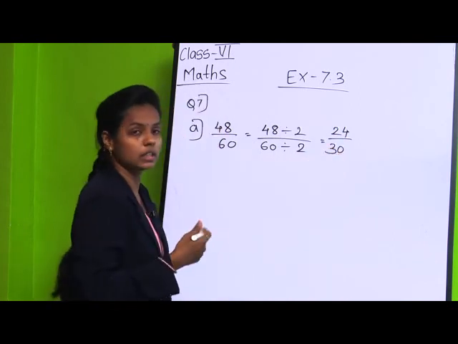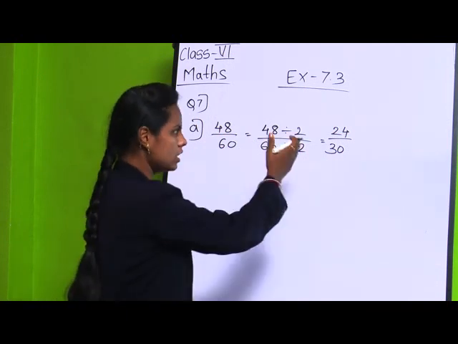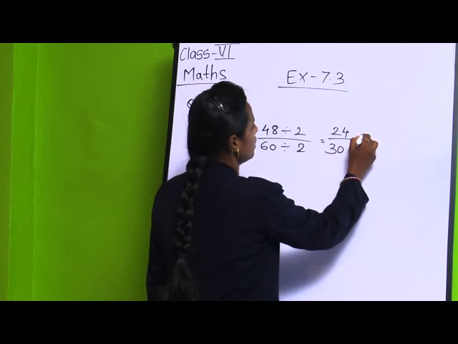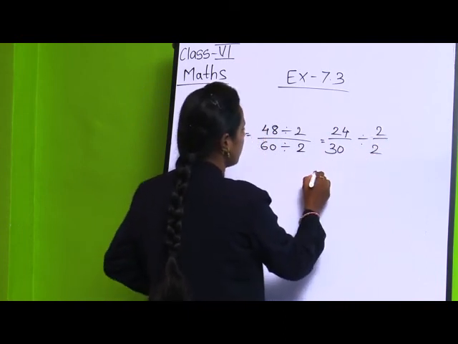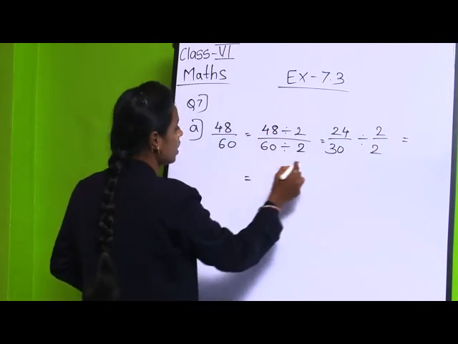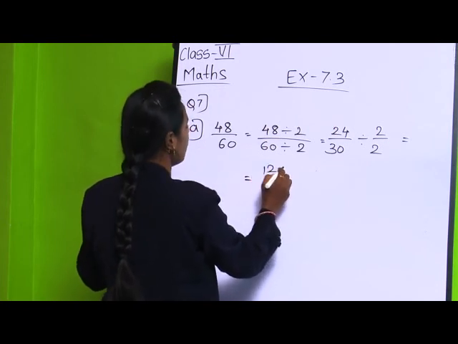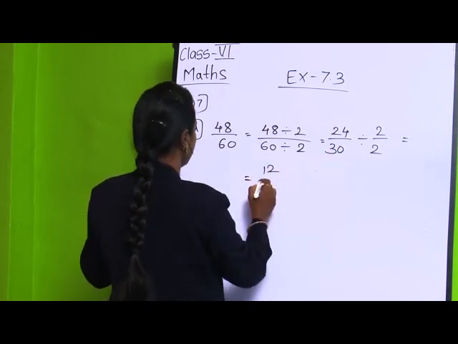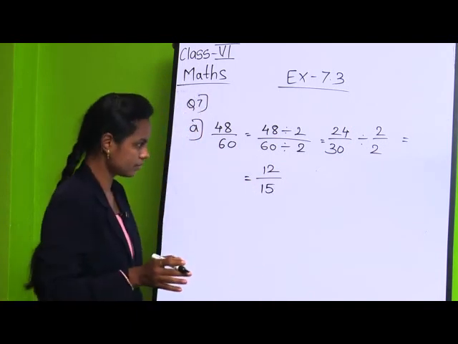To find the simplest form, let us divide this term also. Divided by, again 2 we can take here. So after dividing it, I will write this step down. 24 divided by 2, we have 12, and 30 divided by 2, we have 15. Okay.